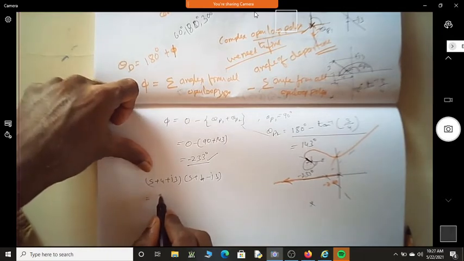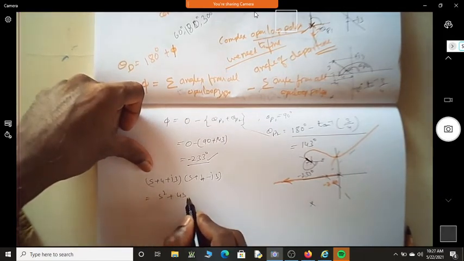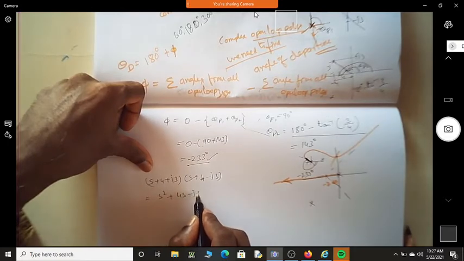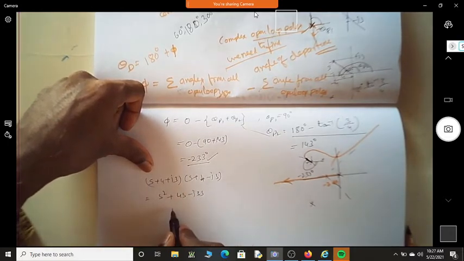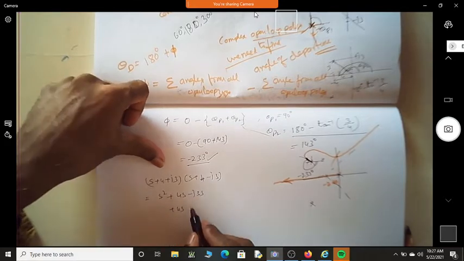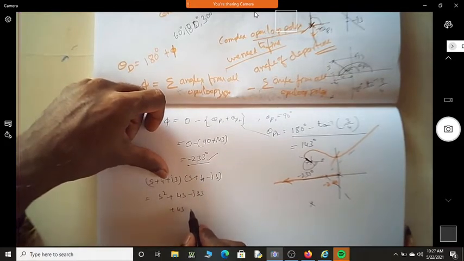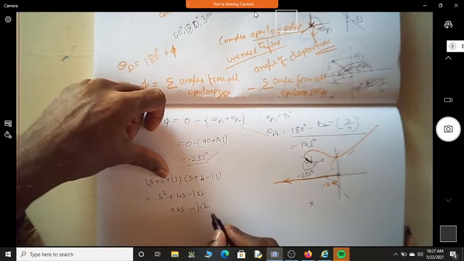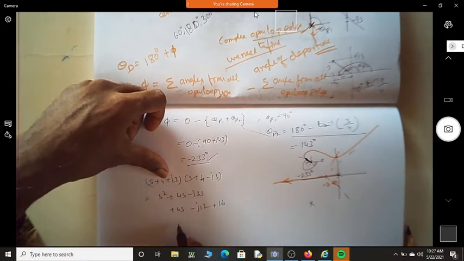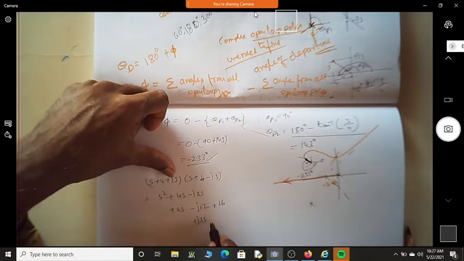Multiplying, s square plus 4s minus j3s, then plus 4s, then minus j12, plus 16, then plus j3s, and then minus j12 plus j12.